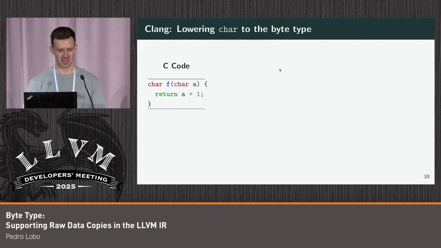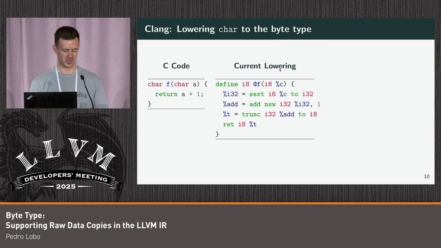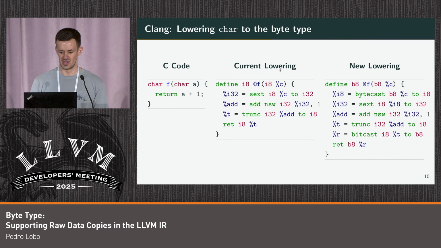So here we see a simple C function which adds a char value to the constant 1. Currently, LLVM unsoundly lowers this char value to an 8-bit integer. This 8-bit integer is then sign extended, the addition is performed, and then the addition result is truncated back to an 8-bit integer as required by the C standard.